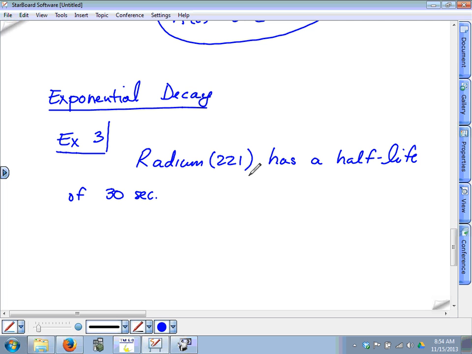Anyway, radium-221 has a half-life of 30 seconds.